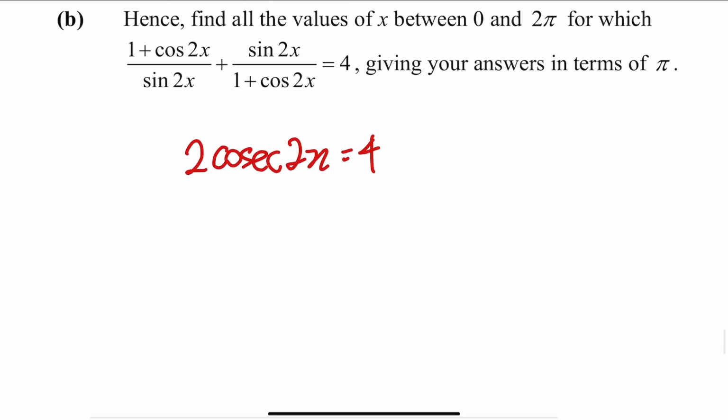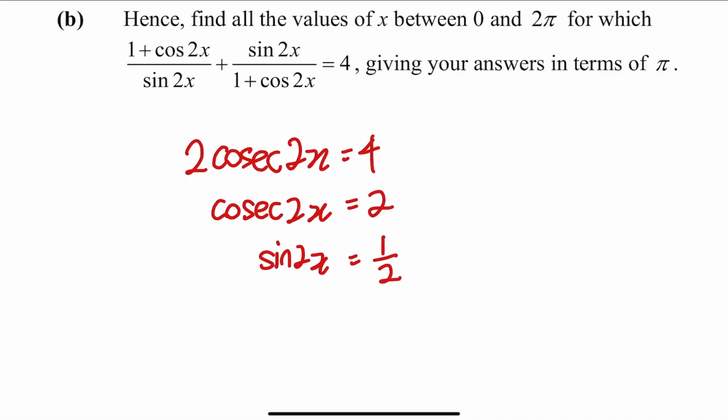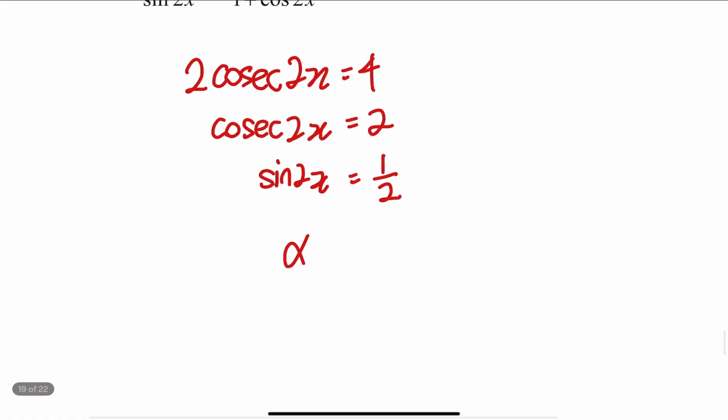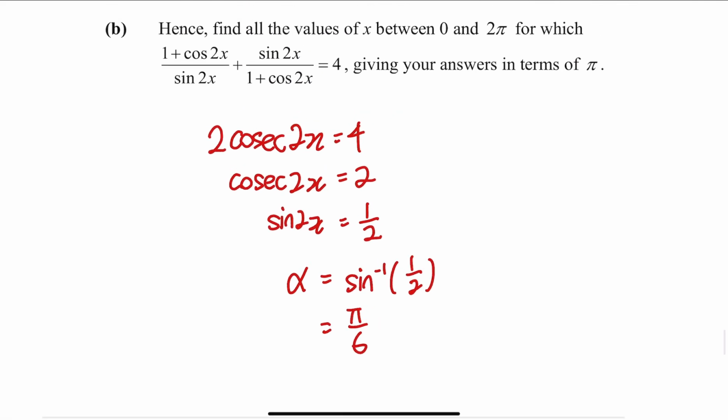Okay, therefore, this means that cosecant 2x is equal to 2. Therefore, the reciprocal, sine 2x is equal to half. Okay, so therefore over here, this means that alpha is equal to sine inverse half, the reference angle, which is pi over 6. Okay, take note, question is in radian.